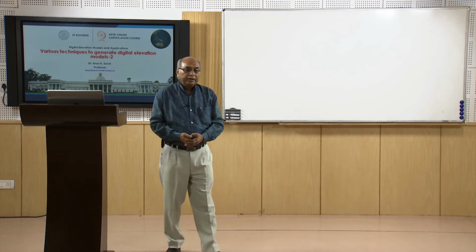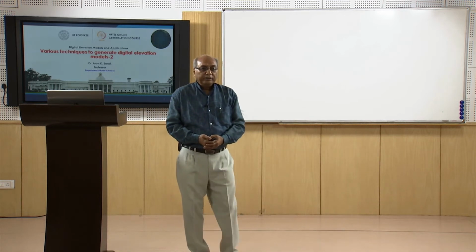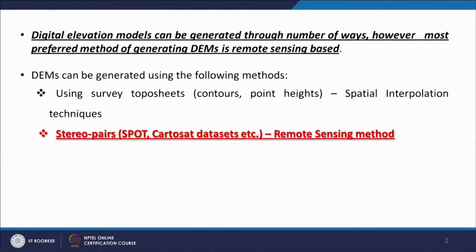Digital elevation models, as you know, can be generated using the interpolation techniques which we have already covered. Digital elevation models can also be generated using remote sensing techniques like stereo pair data, maybe from SPOT. The technology started with SPOT using photogrammetric techniques, and Cartosat data, which is our own Indian satellite data, and various satellites are providing stereo data.